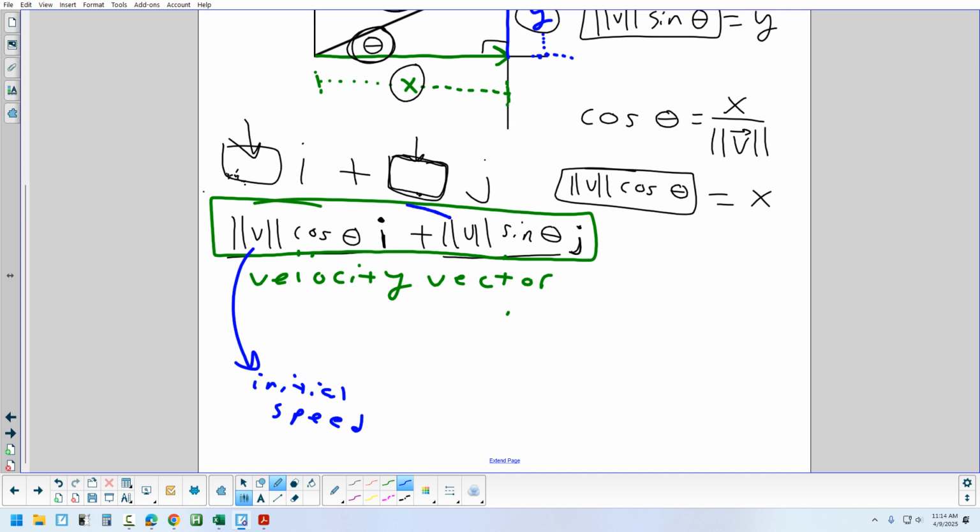The angle is the angle the object is thrown at. That's usually an angle relative to the ground. So if you threw something at a 90-degree angle to the ground, that's straight up. If you threw something at a 45-degree angle, it's halfway between horizontal and vertical. If you threw something at a 0-degree angle, then that's perfectly horizontal in front of you.